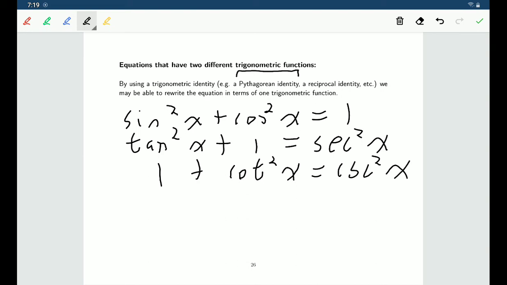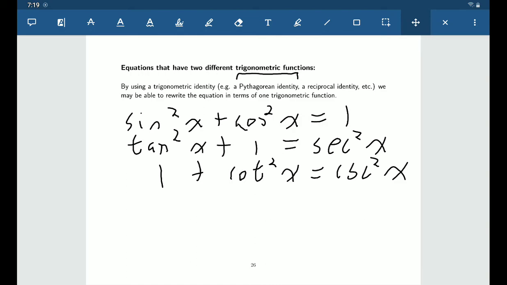So if we saw an equation, for example, where there was a sine and a cosine, then maybe I would think about using one of these Pythagorean identities, because then I could use that to turn a sine into a cosine, or an expression involving cosine. Same thing with perhaps if I had secants and tangents, or cosecants and cotangents.